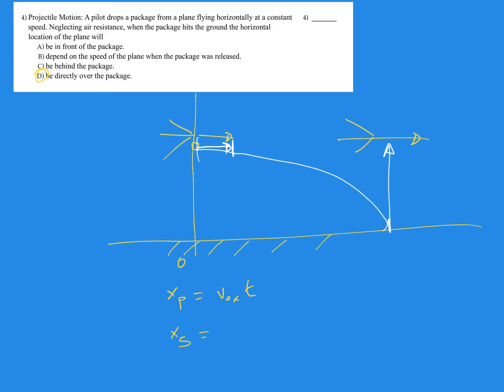The equation of the stone is also v0x times t, because the velocity never changes. So they move in the x direction in the same way. When the plane is here, the package is here. And when it arrives at the floor, the plane is here. That's all. Next question.